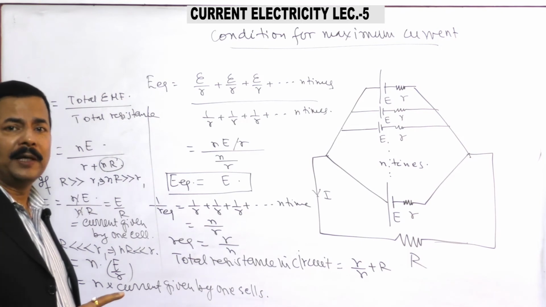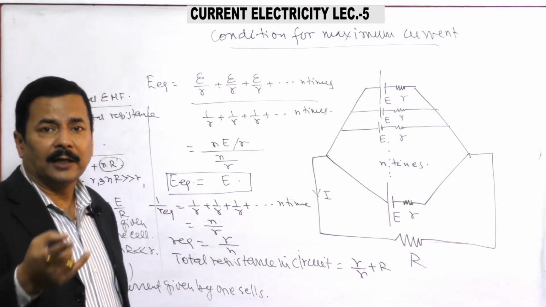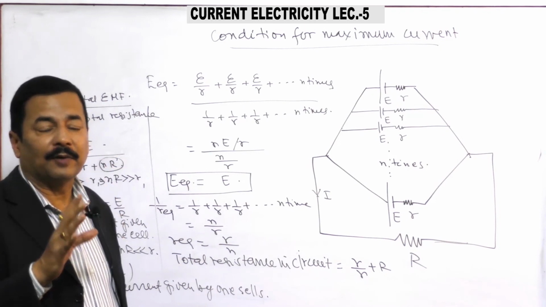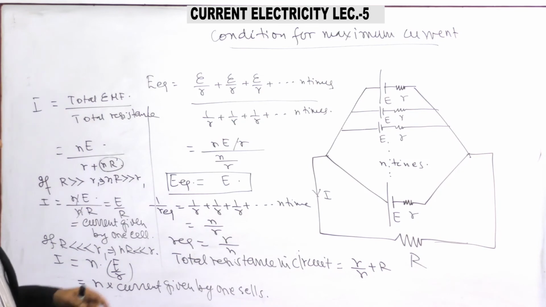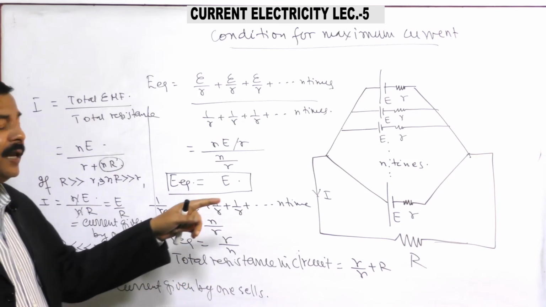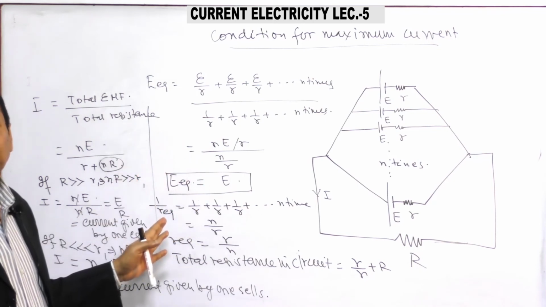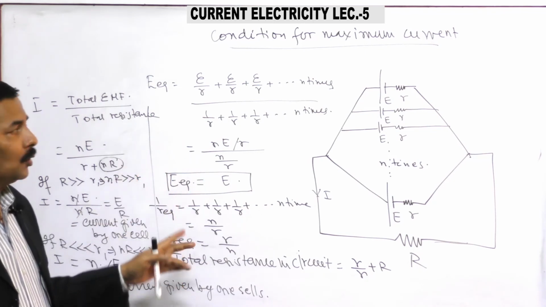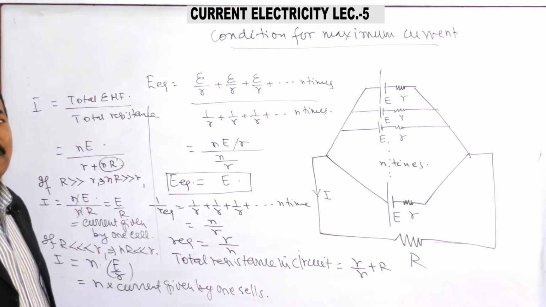In series grouping the external resistance should be very large compared to all the internal resistance, whereas in parallel grouping the external resistance should be very small to get maximum current through the external load. So this is the series grouping and parallel grouping condition for getting the maximum current.